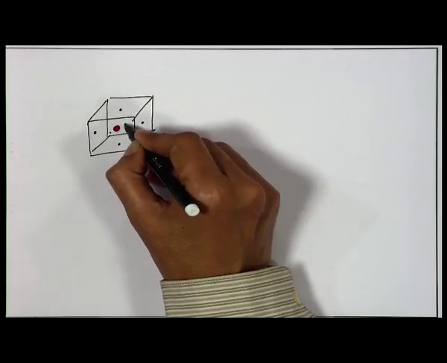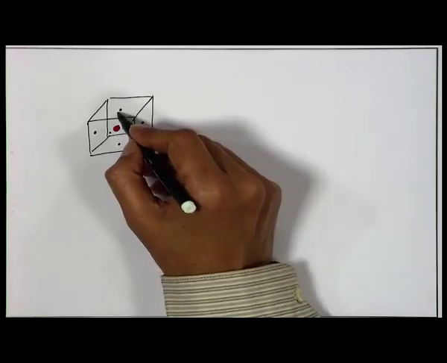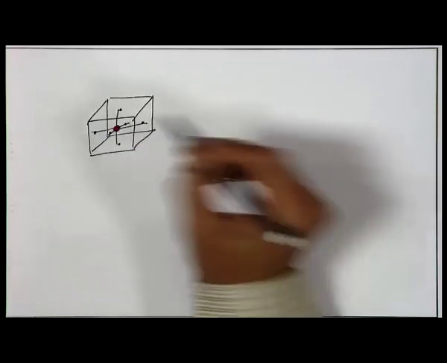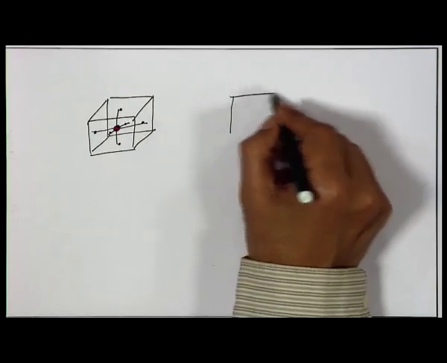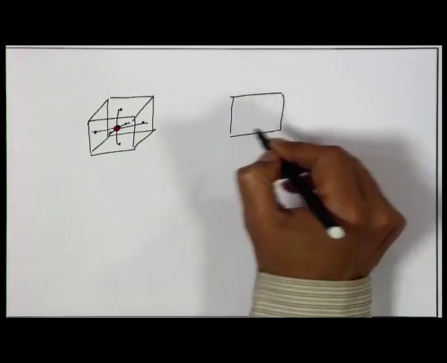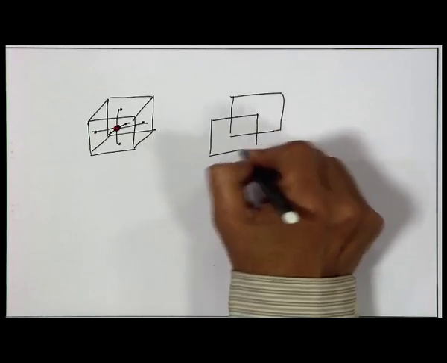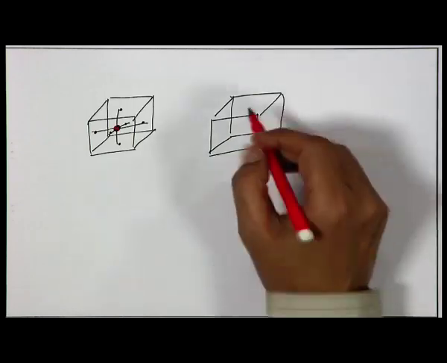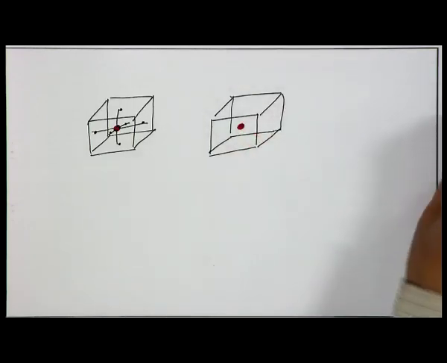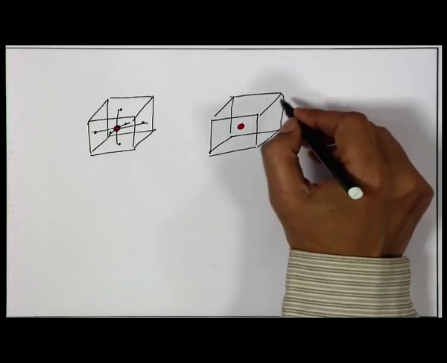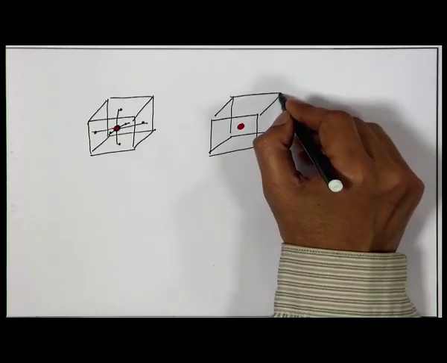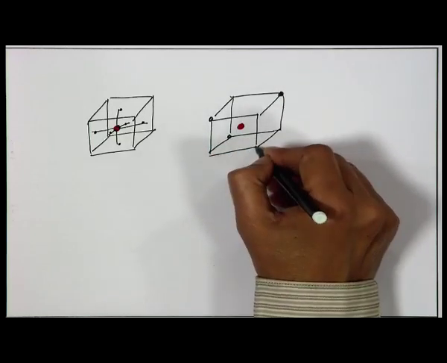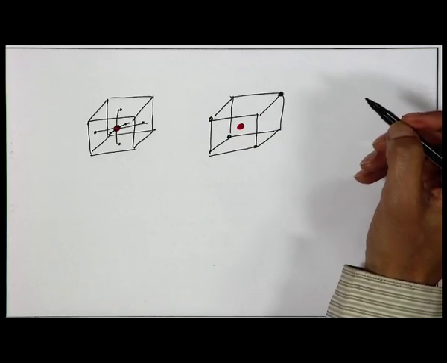This is one from the front face and this is another one on the back face. So, we have this particular octahedral complex. But what about the tetrahedral one? For the tetrahedral one we have to draw again within a cube, and we place the same metal ion at the center of the cube, but now 4 ligands will be there at the alternate corners of the cube.